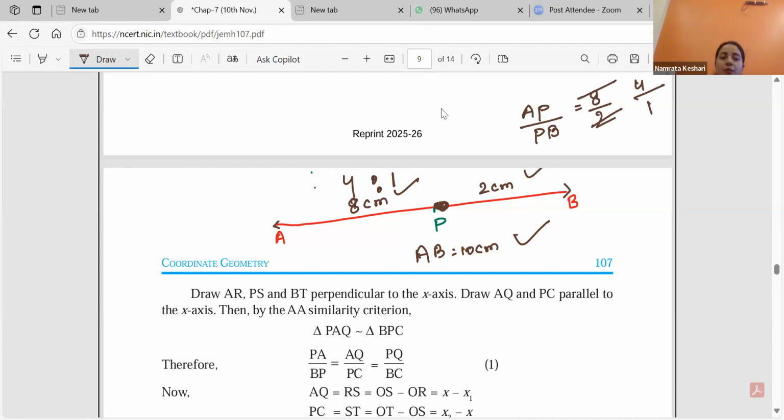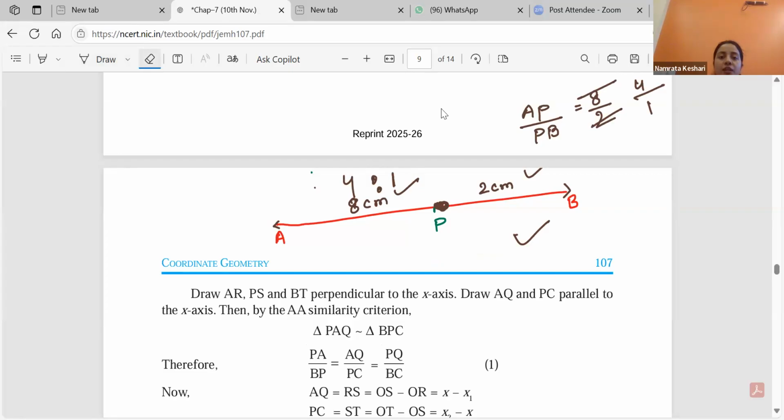These lengths will not be given to you. AB will not be given, 2 centimeter, 8 centimeter will not be given. Directly this ratio will be given, in reduced form. It will be written that there is a point P on the line AB, which is dividing the line in the ratio 4 is to 1.